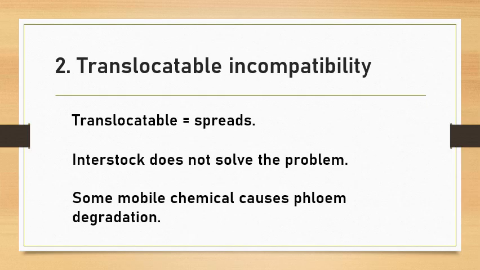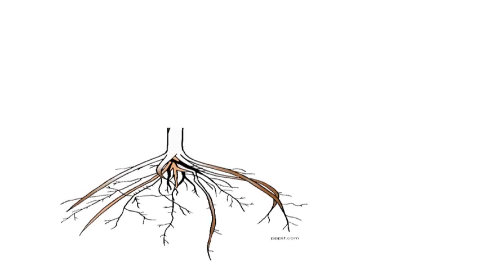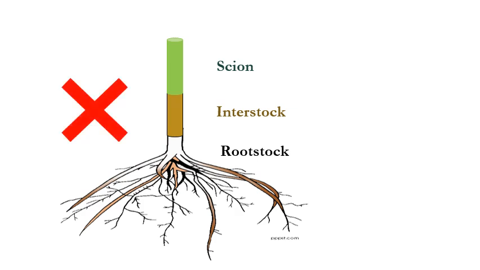Whereas translocatable incompatibility includes certain graft or rootstock combinations in which the insertion of a mutually compatible interstock does not overcome incompatibility. Apparently, some biochemical influence moves across the interstock and causes phloem degeneration.